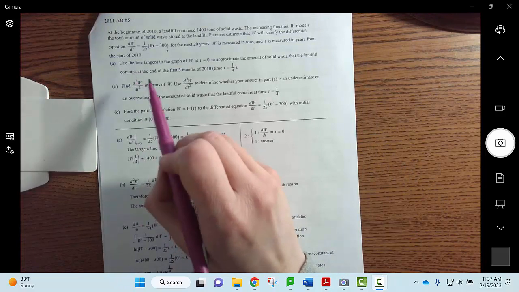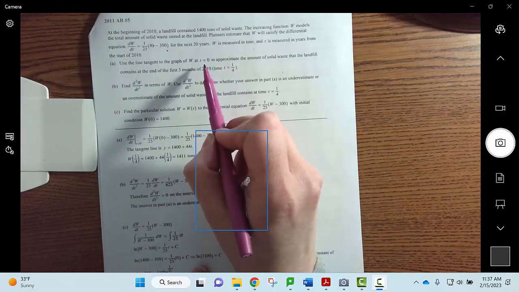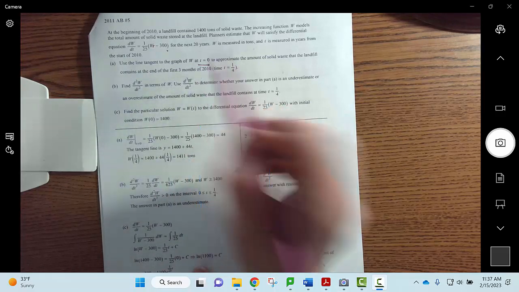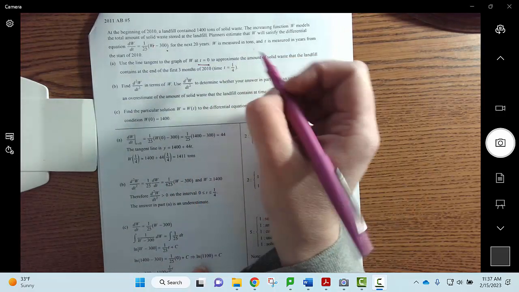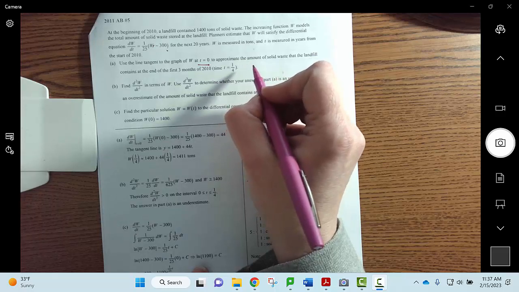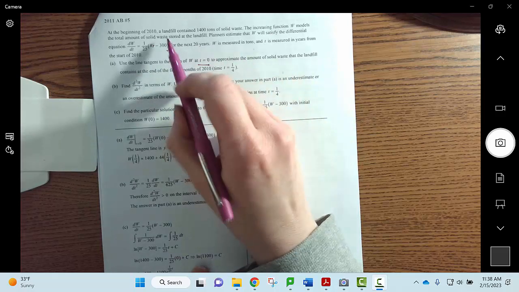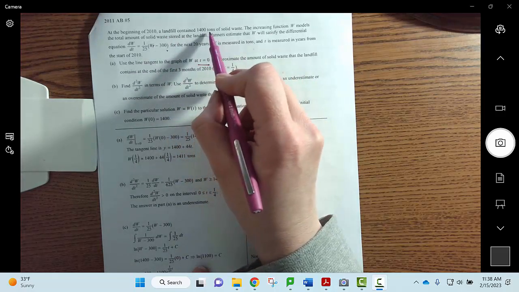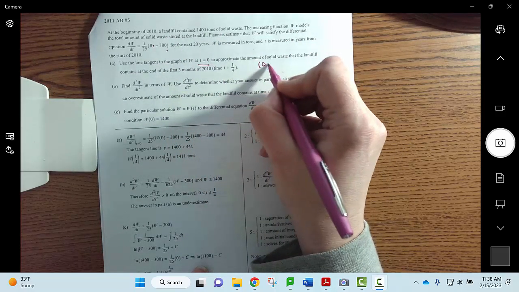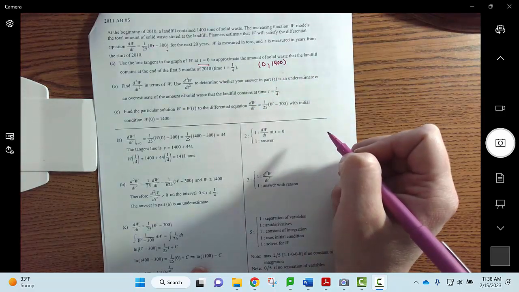Okay, so let's look at A. Use the tangent line to approximate. So let's just start with writing the tangent line and then we'll do the approximation. So at t is 0, let's see what they give us. Okay, a landfill contains 1,400 tons. So our point is (0, 1400).